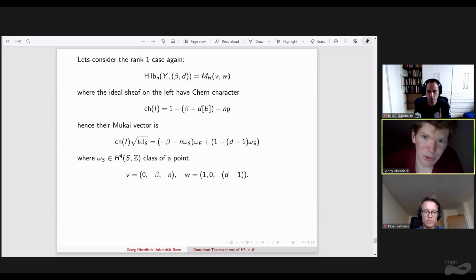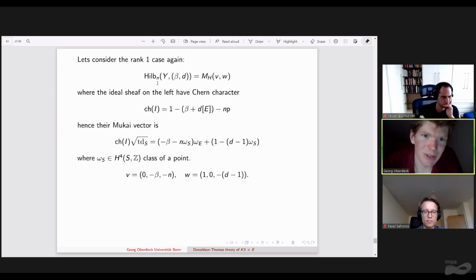What I'm trying to do here in the last page is just telling you the dictionary between these two sides. On the left-hand side, you are looking at the ideal sheaf of a curve in this threefold, where the curve class is given by beta plus d times the elliptic curve, and the holomorphic Euler characteristic is n.